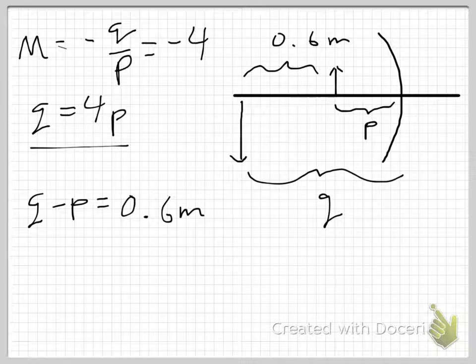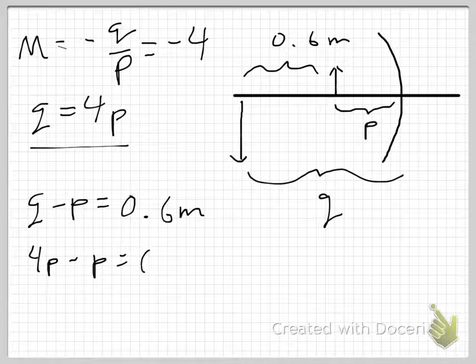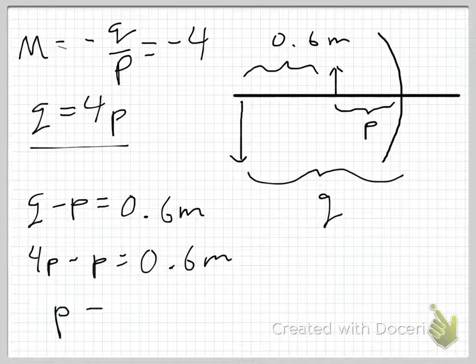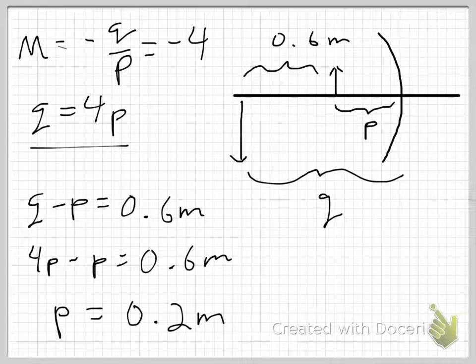Substituting in the value of Q, I've got 4P minus P is equal to 0.6 meters. If I run through this, I will get P is equal to 0.2 meters. So that was the whole idea of forming the first relationship between Q and P, so that I can then use the geometry of the system to determine an actual value for P.